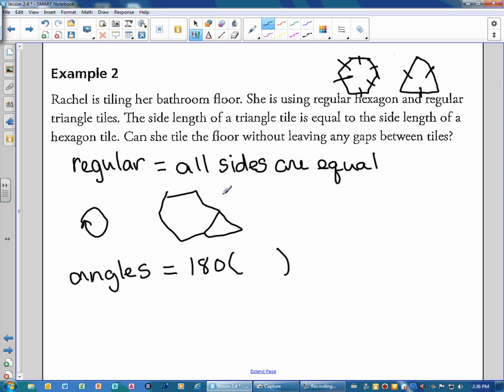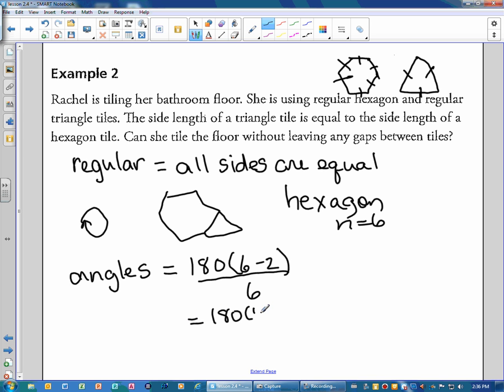Well, hexagon, what's n? N would be 6, a 6-sided shape. So 6 minus 2 over 6. This would be 180 times 4 over 6, which would make 120 degrees. So it means that in this 6-sided regular hexagon, every interior angle would be 120 degrees.